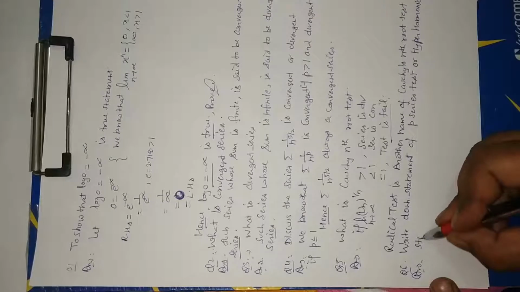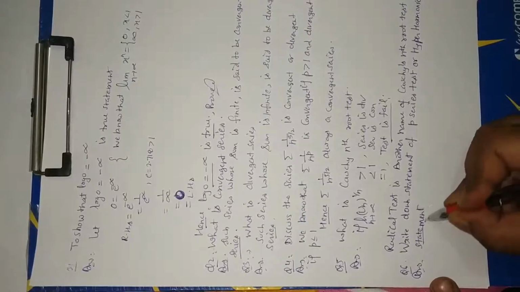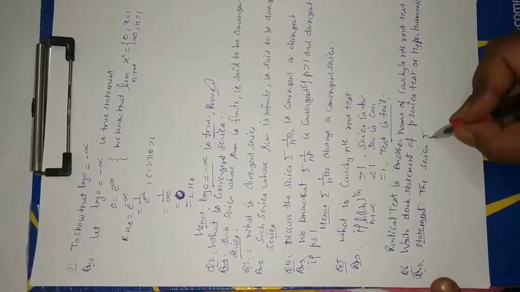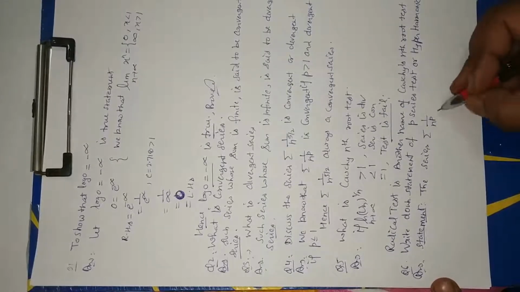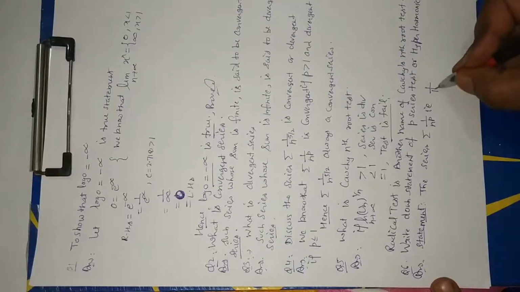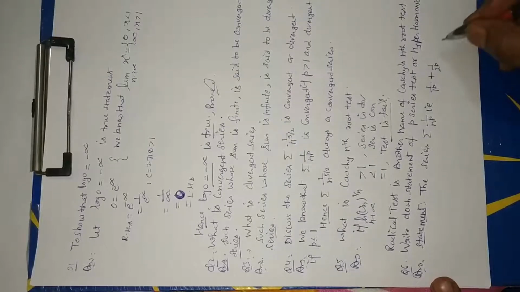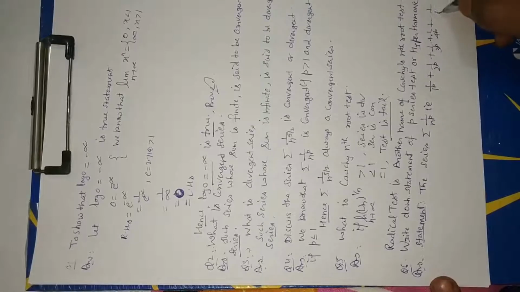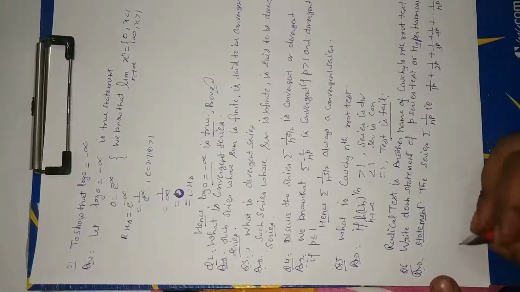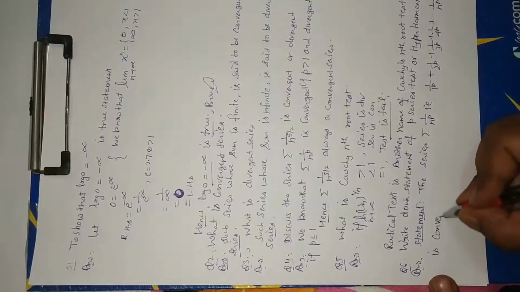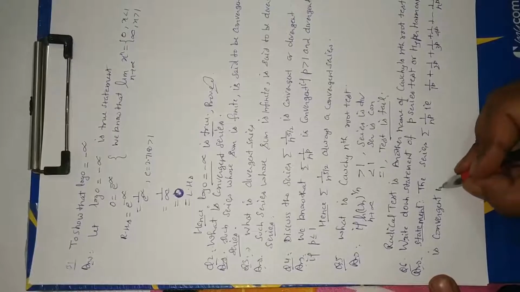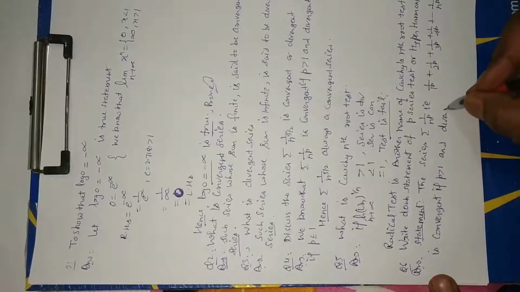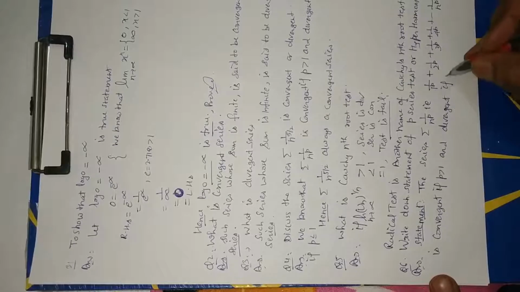Statement. The series summation 1 upon n to the power p, that is 1 upon 1 to the power p plus 1 upon 2 to the power p plus 1 upon 3 to the power p plus 1 upon 4 to the power p plus up to 1 upon n to the power p plus and so on, is convergent if p is greater than 1 and divergent if p is less than or equal to 1.